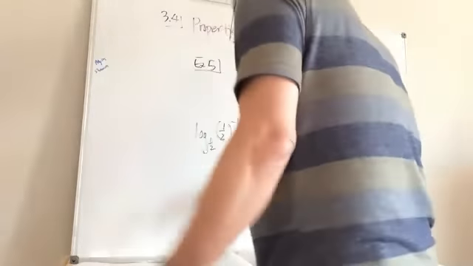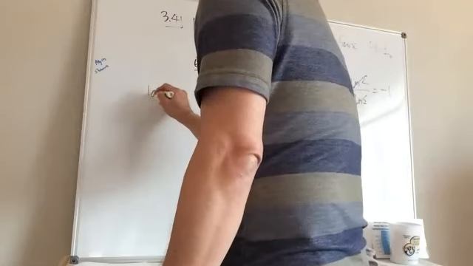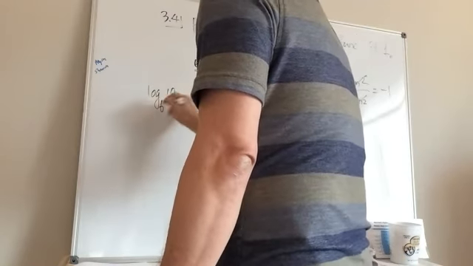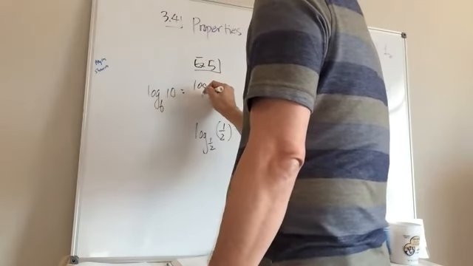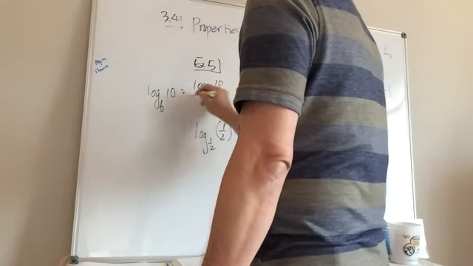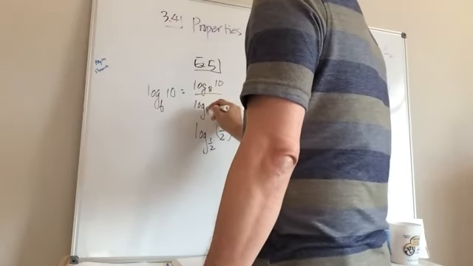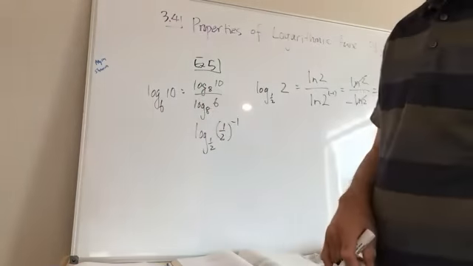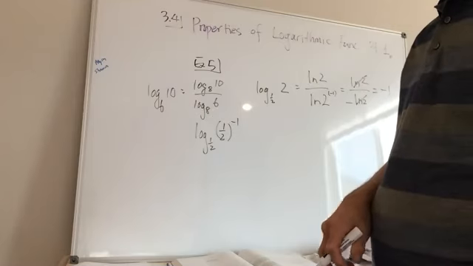You could have said log base 6 of 10 is going to be the same as log base 8 of 10 over log base 8 of 6, right? I mean, if you really wanted to.